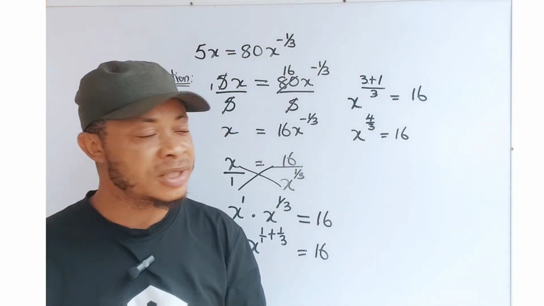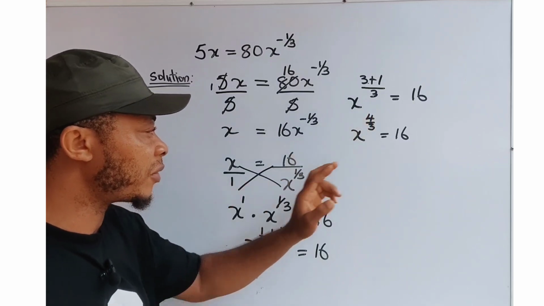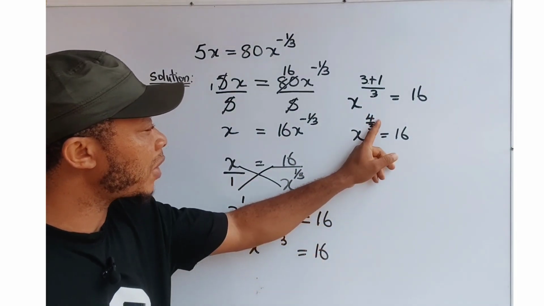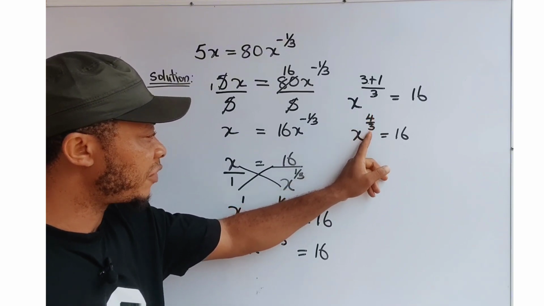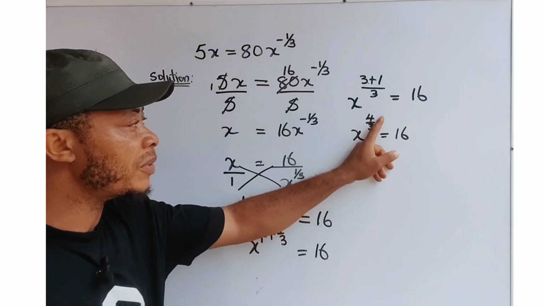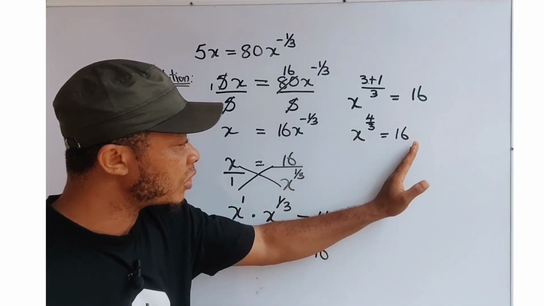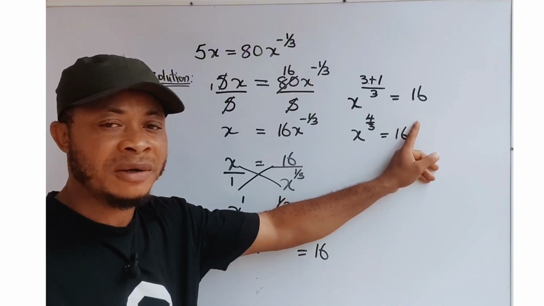What we are going to do next is to try and remove this power 4/3 from here. And to remove it, we are going to multiply this power by the reciprocal of the power. This is 4/3. Its reciprocal will be 3/4. And we have to balance the equation by also raising 16 to power 3/4.